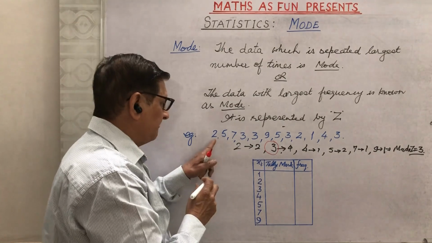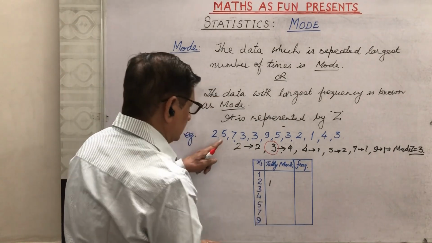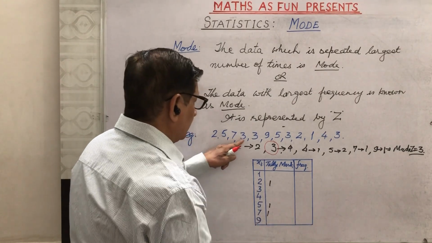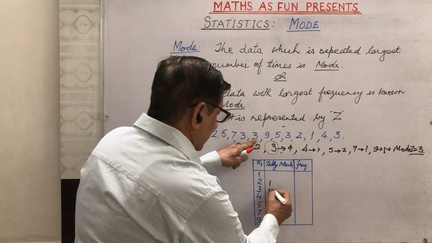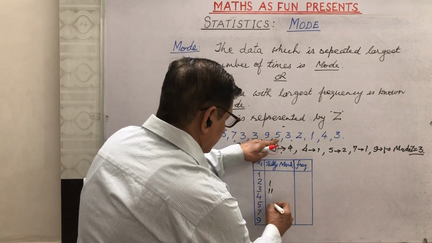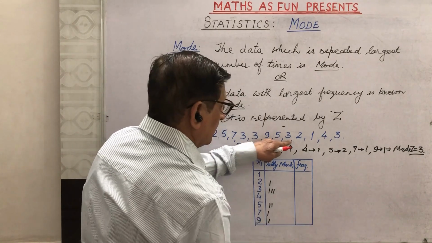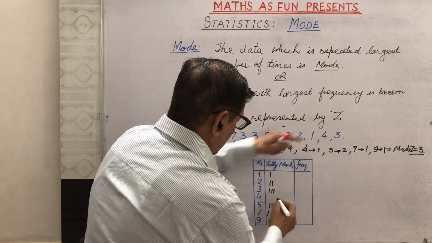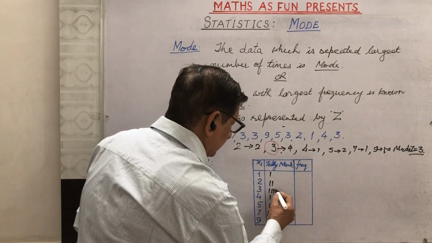How is it done? See, 2 is coming once, 5, then 5, then 7, then 3, 9, 5, 3, 2, 1, 4, and then 3.